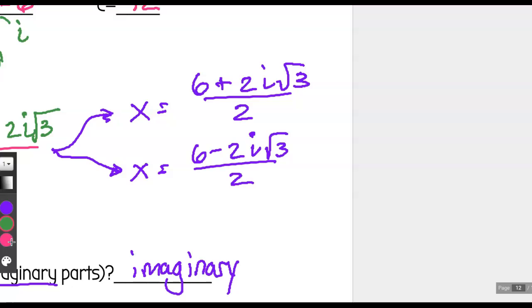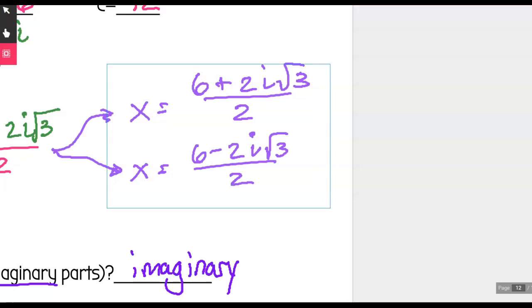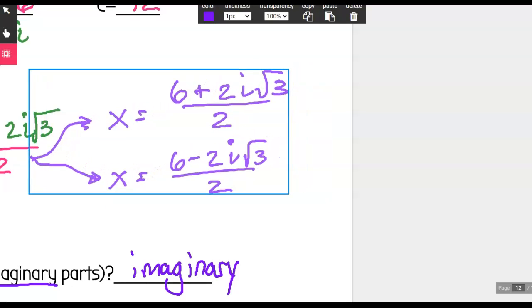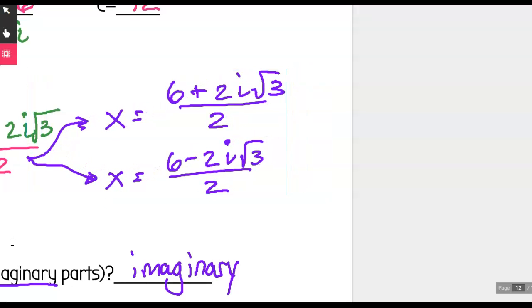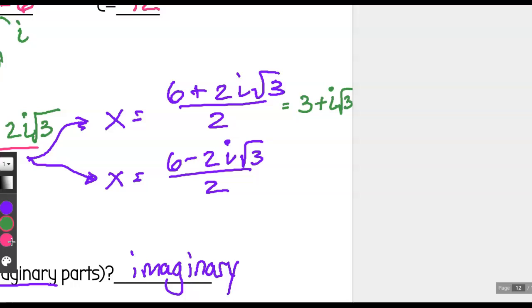I'm running out of room. So this is going to become 6 divided by 2 is 3. What is 2 divided by 2? So I'm left with what? I square root 3.